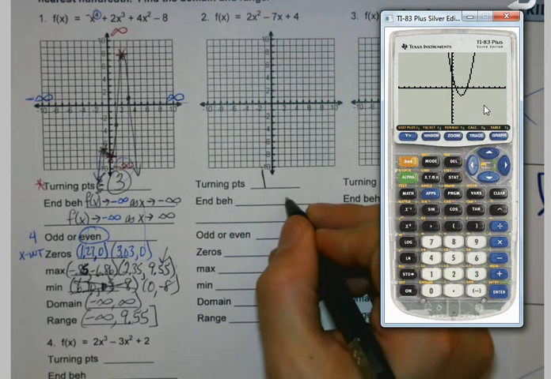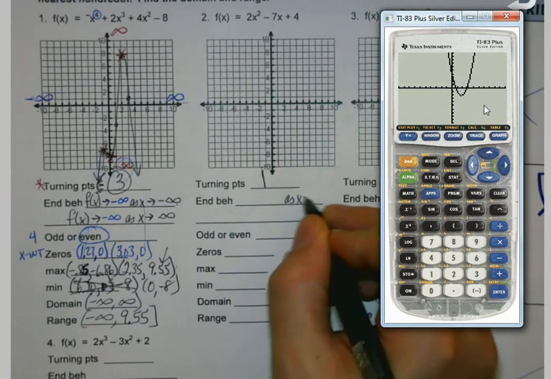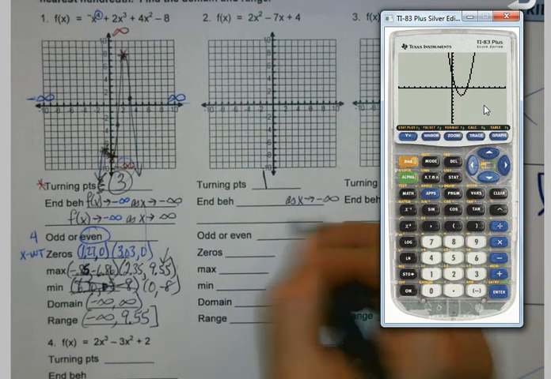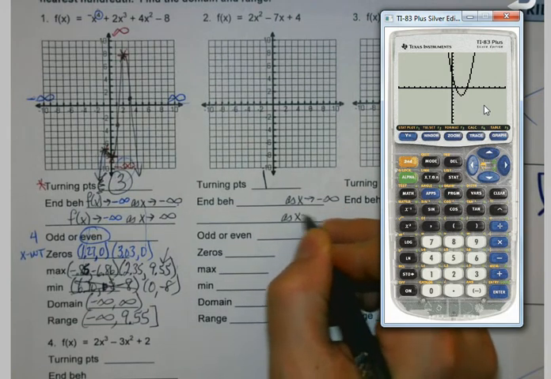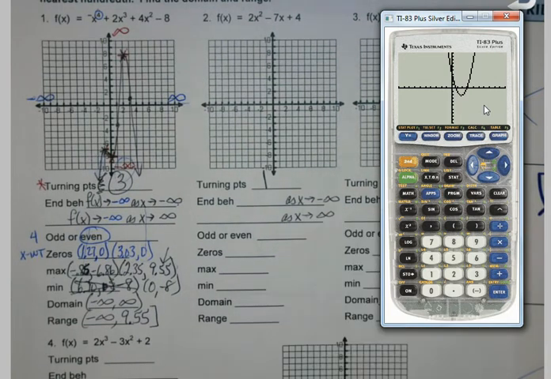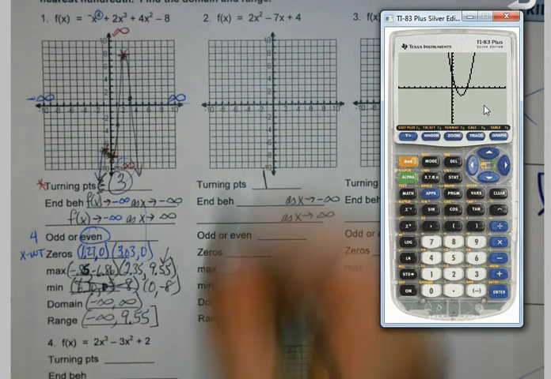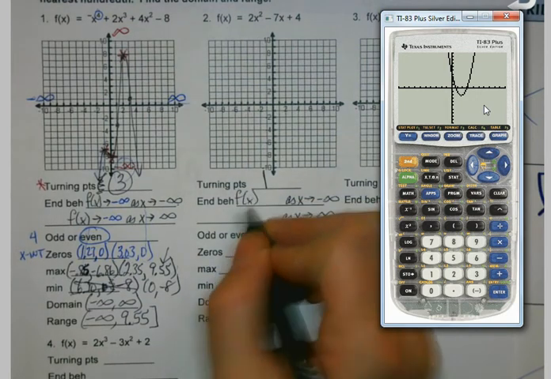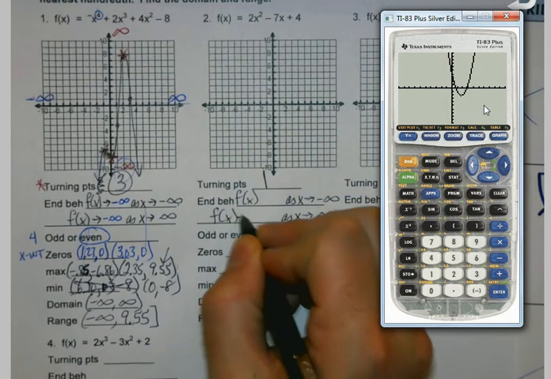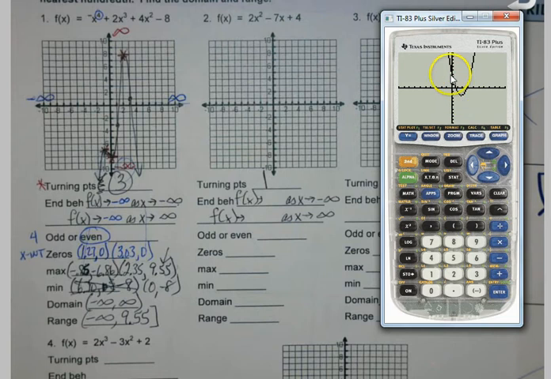Because remember, I'm always going to have x to the left and x to the right with positive and negative infinity. As my graph is going to the left, what's happening to the y value?